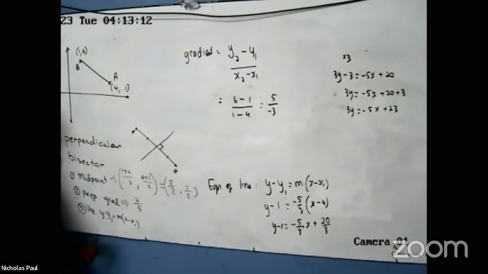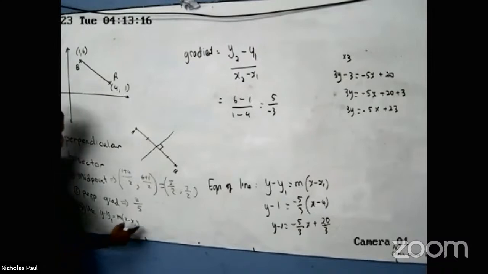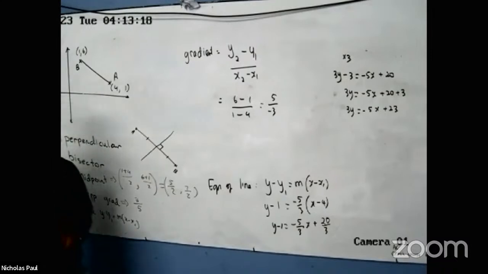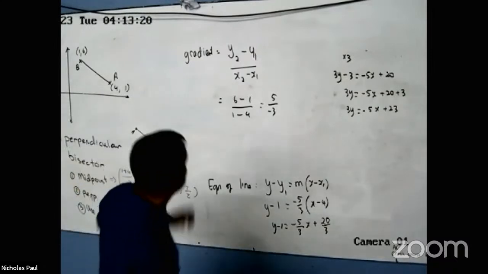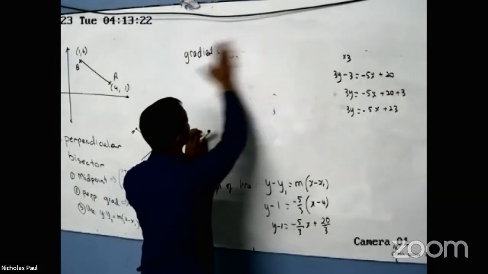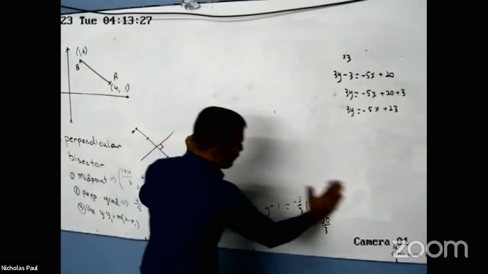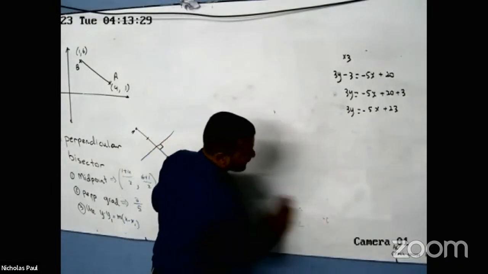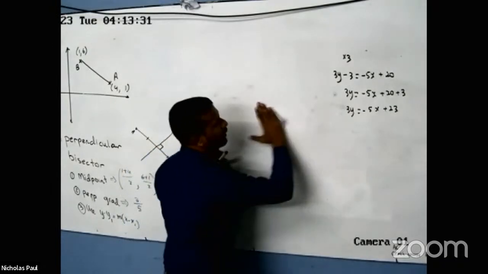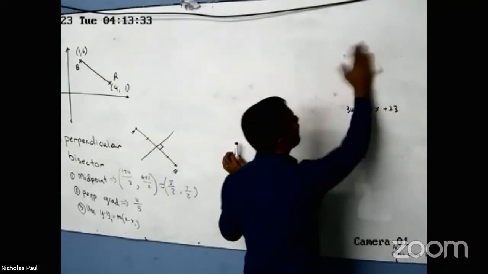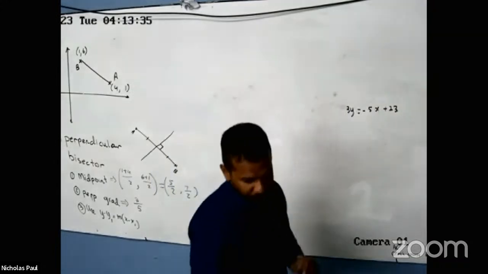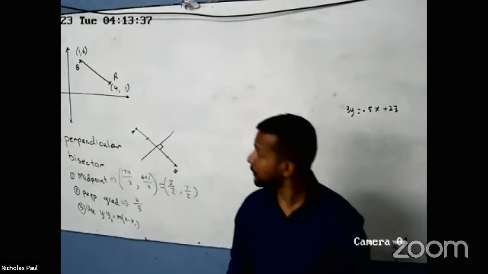And then find the equation. Do the last part and find the equation. Simplify it as far as you can.